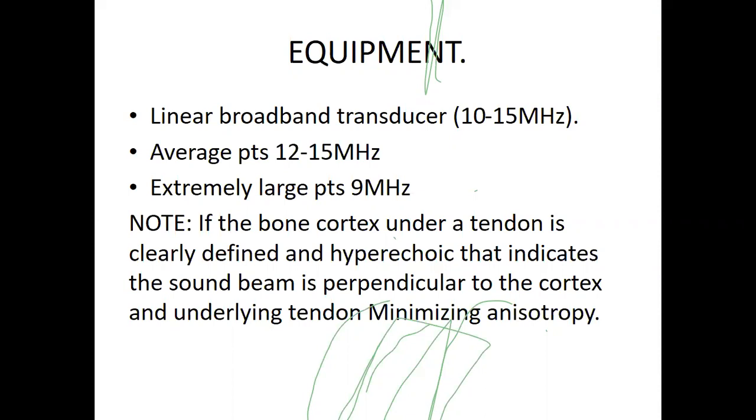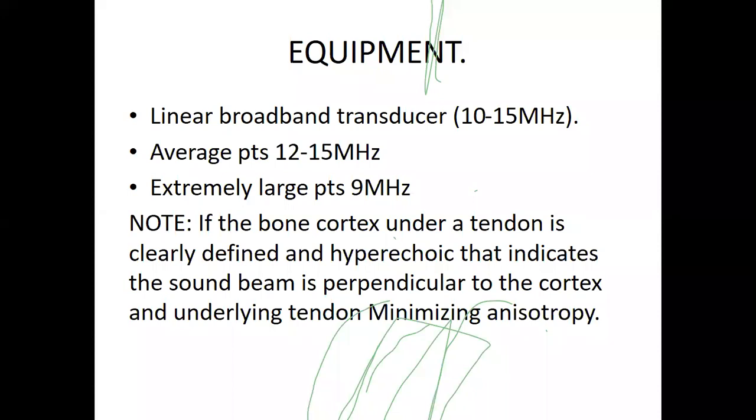Again, I should also mention that you have to be very careful with the technique, so that you get the correct orientation. I'll continue mentioning anisotropy. Anisotropy is one of the common artifacts that you find in musculoskeletal ultrasound.